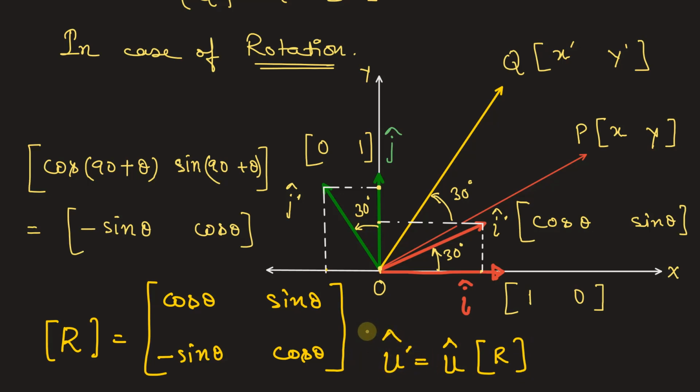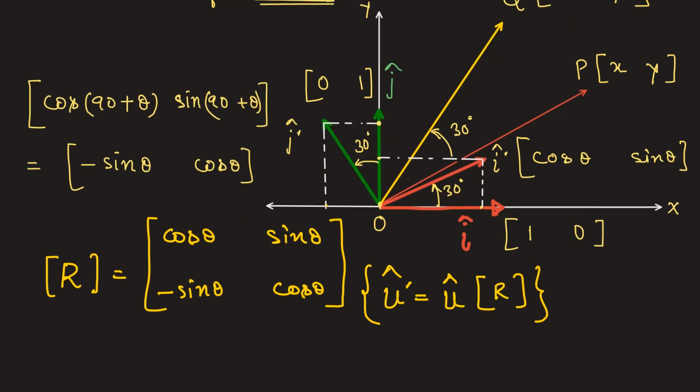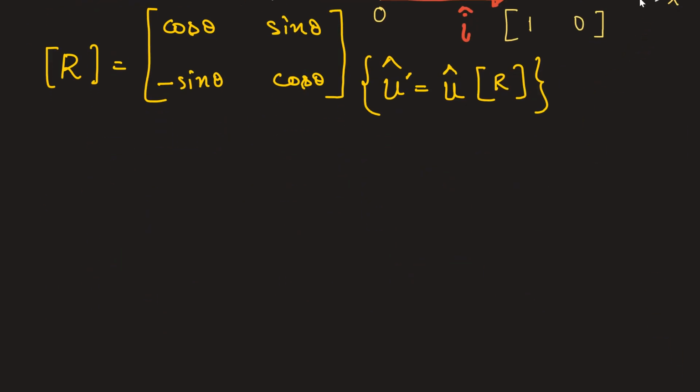Okay, so this is just the rough work, just to make you understand that this is the new coordinate system, or the unit vectors of the new coordinate system, and this is the older coordinate system, that is i hat and j hat. This is i hat dash and j hat dash. Now let's apply this to our problem. Before that, let's write a statement here.